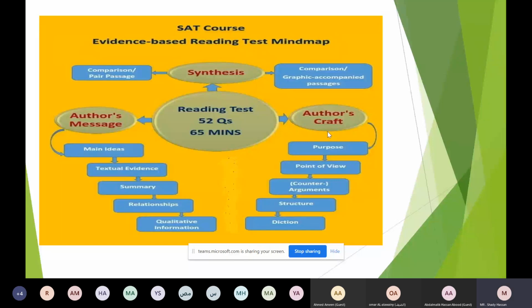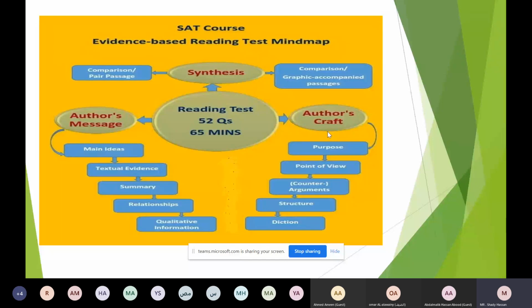Leave 10 minutes by the end of this section in order to transfer your answers into the bubble sheet. Okay? You understand, guys? Yes. Okay. Mister, we have homework. Certainly, but first of all, I have to discuss this diagram in, I guess, one minute. We still have just one minute.